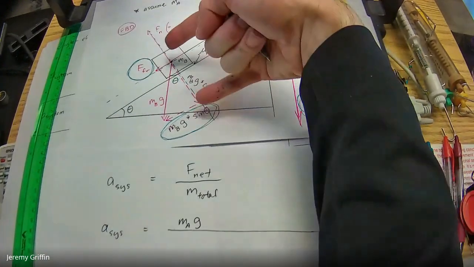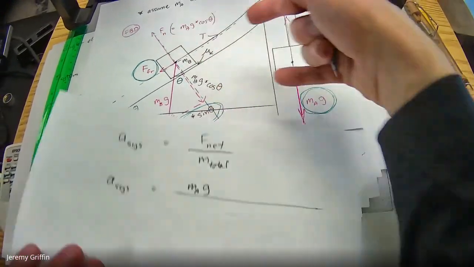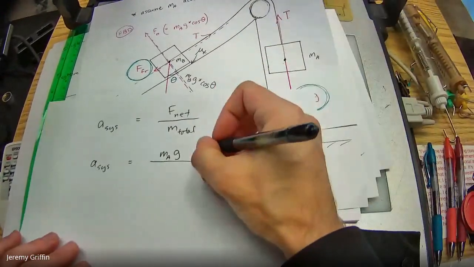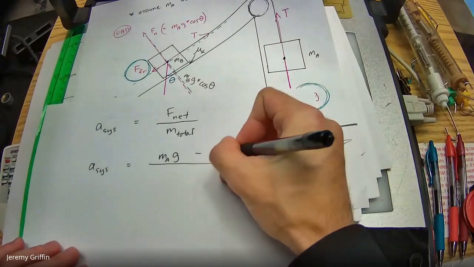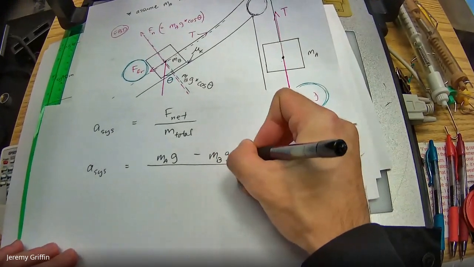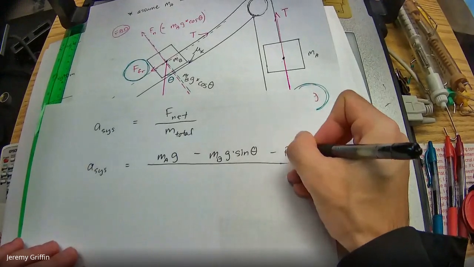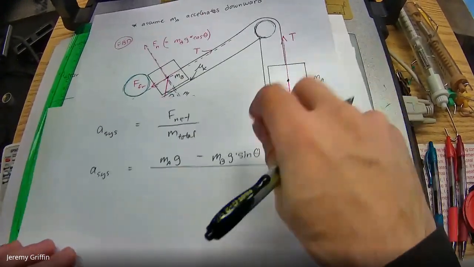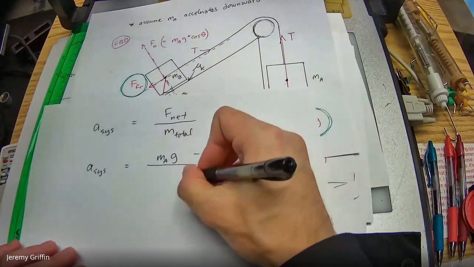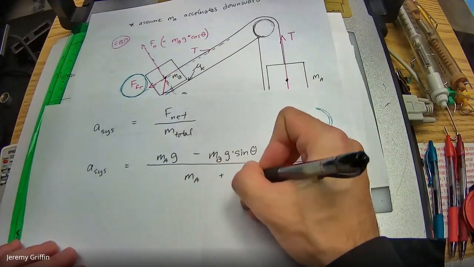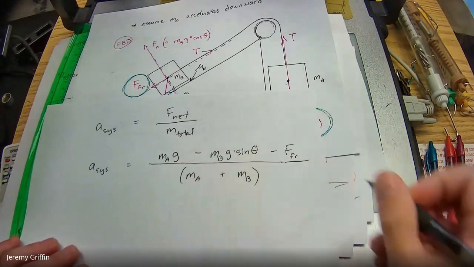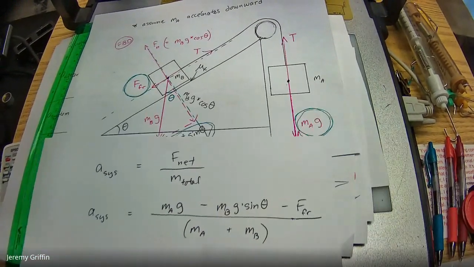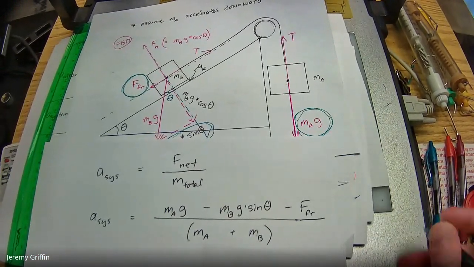And then these two opposing that, saying no, let's go counterclockwise. So I'm going to subtract those off. So minus MBG sine theta minus the friction force. And that's all divided by the total inertia being dragged around, which is still the sum of the blocks, just like it has been on your lab between yesterday and today. That true? Good so far?